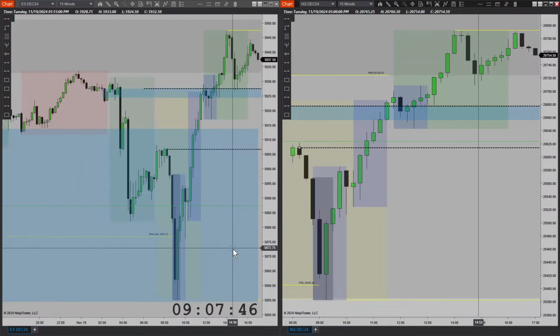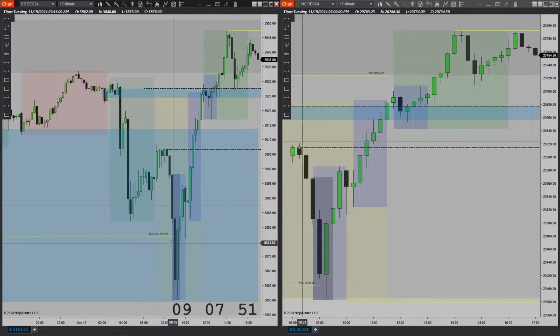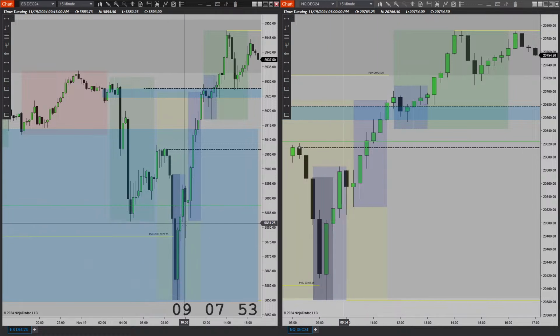All right, so again, during the 0930 open, what did it do? Price had already kind of reversed here, had created this gap here and this inverse gap here. This inverse gap became an inverse once price closed above the body.